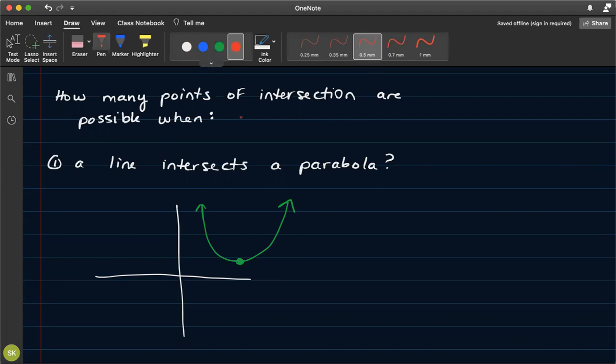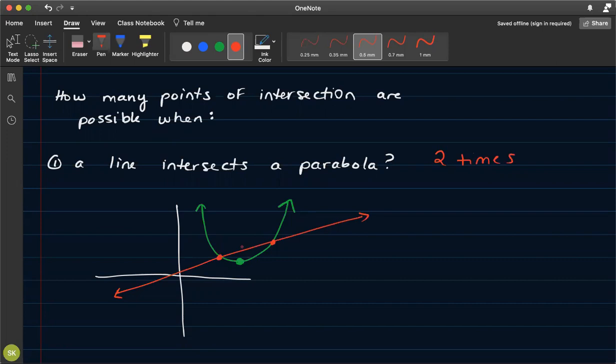And let's give ourselves a line, something like this. I want to know the total possible number of points where the two intersect. So for this example, you can see that we intersected 2 times. So we can intersect 2 times.